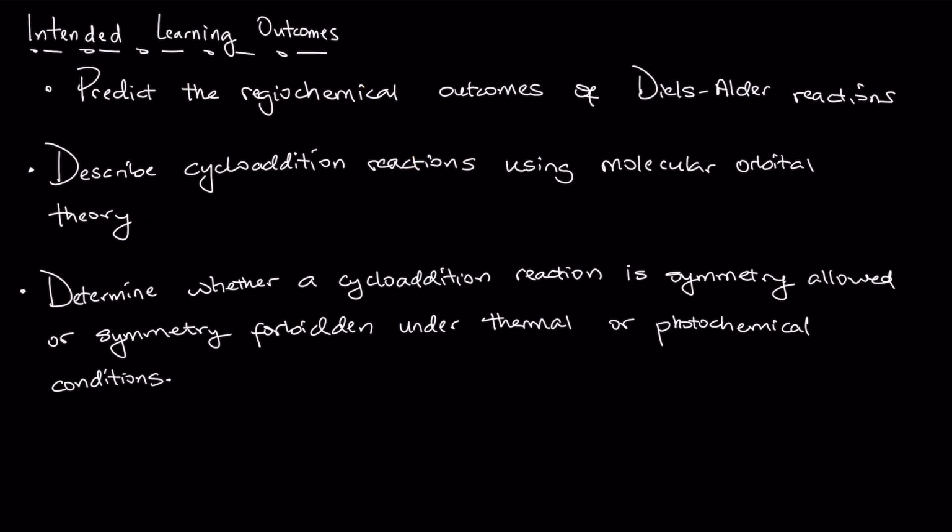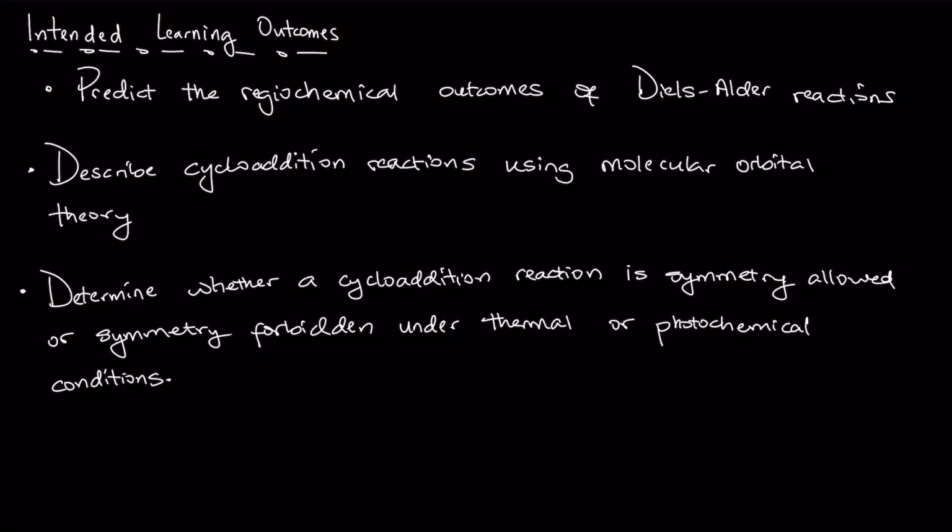Okay, so in this video, we've gone over the regiochemical outcomes of Diels-Alder reactions. We really talked about two major scenarios, one involving symmetrical dienes or dienophiles, and the one involving asymmetric dienes and asymmetric dienophiles. And we talked about these regiochemical outcomes, how you can predict those.